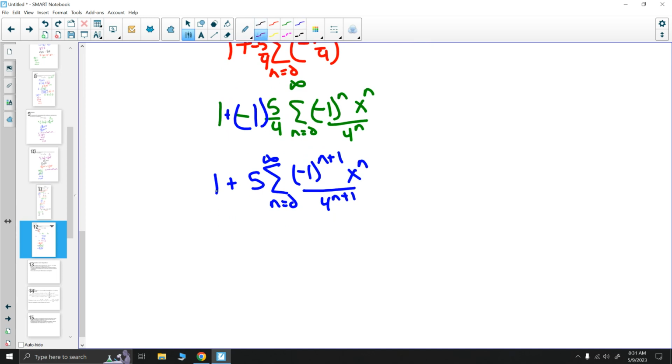Well, this is 1 plus it. So it's 1 plus, and then we take a look at this sum. When n is 0, it's a -5 over 4 to the 1, so 4. Then it alternates, plus. Okay, so it's a minus here, plus.